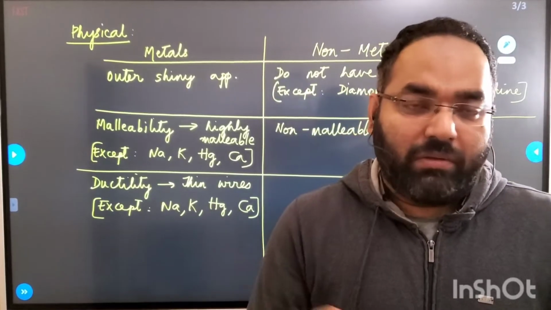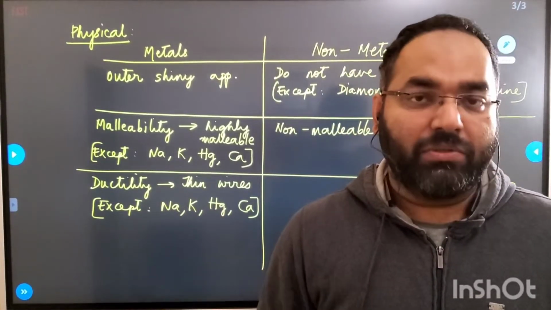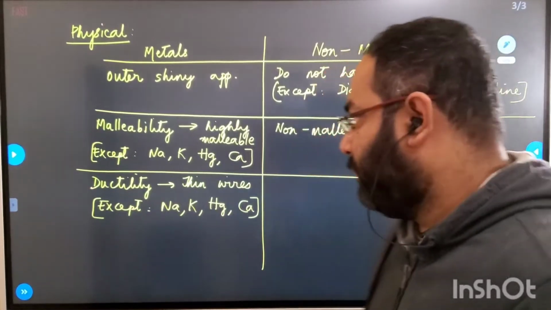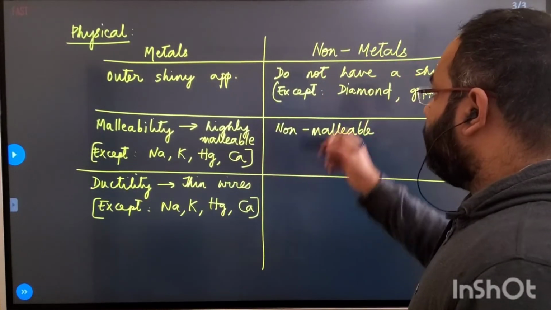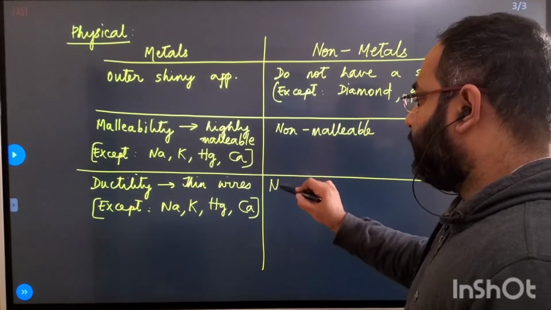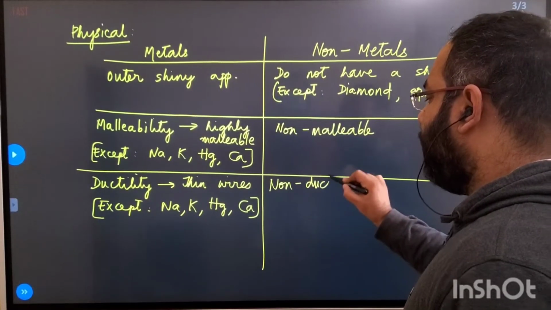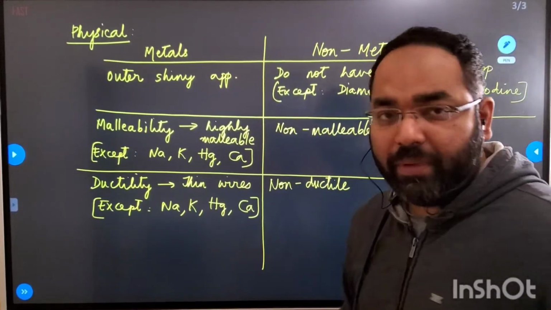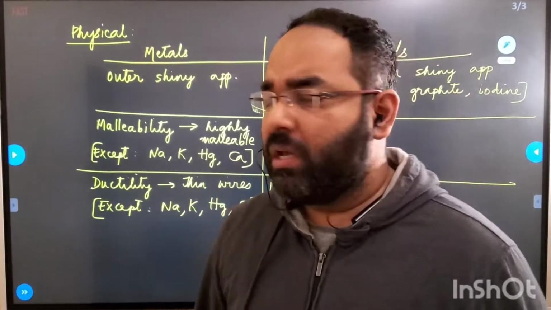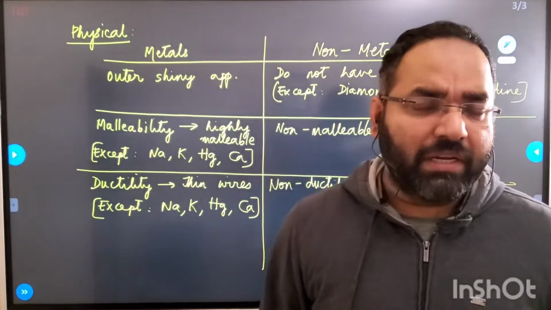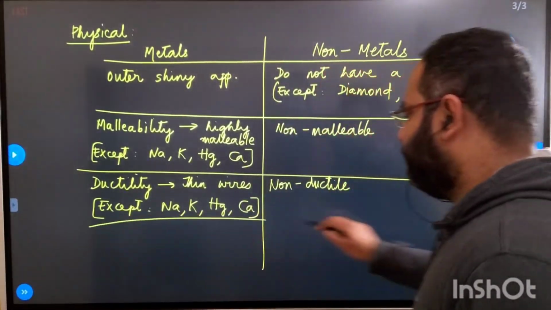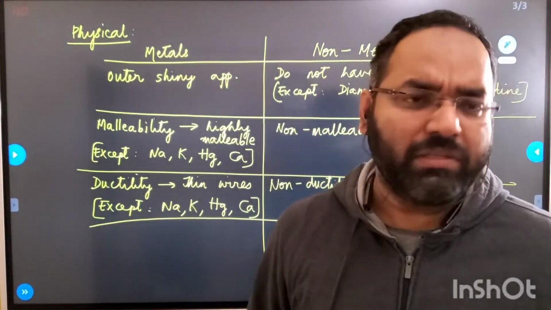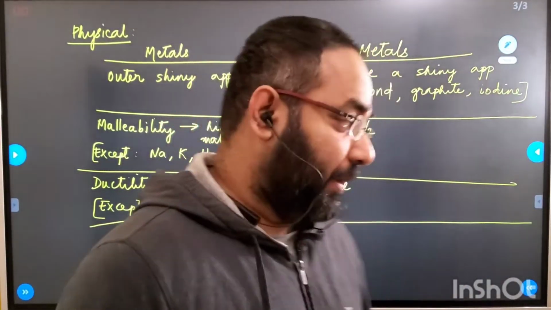And you can't really draw them into wires either, because they're so soft, they'll just break if you try. Similarly, non-metals are non-ductile. However, carbon under certain conditions can be made into carbon fibers, which are carbon wires. Some books do give that as an exception, but I feel you could just say non-ductile for all non-metals. If you want to look at carbon as an exception, you can.